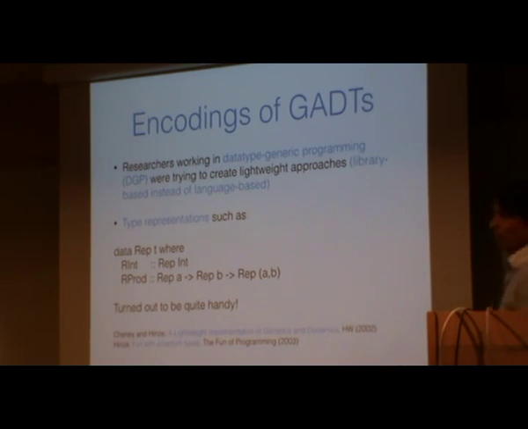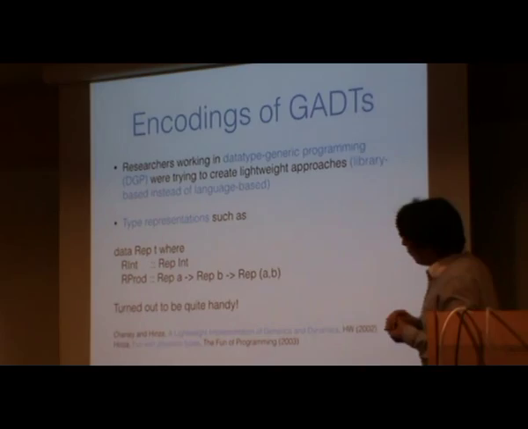By 2002, 2003, people had language-based approaches like PolyP or Generic Haskell, but then people realized that you could almost do datatype-generic programming as a library. You didn't need special language support. You could simply model datatype-generic programming directly in Haskell. This line of work started around this time, 2002, 2003.